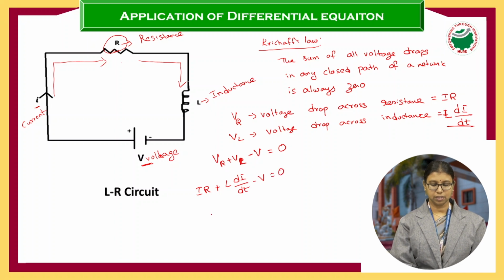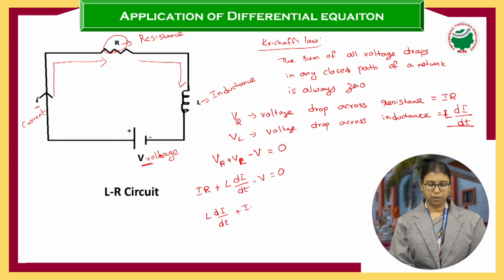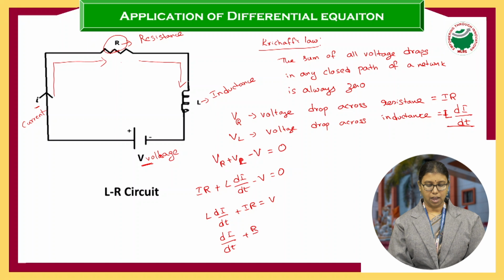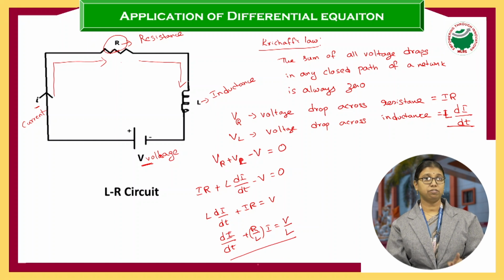Now I am simplifying this equation. I will take V to the right hand side, so L into di by dt plus I into R equals V. Now divide the total equation by the inductance L, then di by dt plus R by L into I equals V by L. So this equation is clearly in the form of a first order linear differential equation.